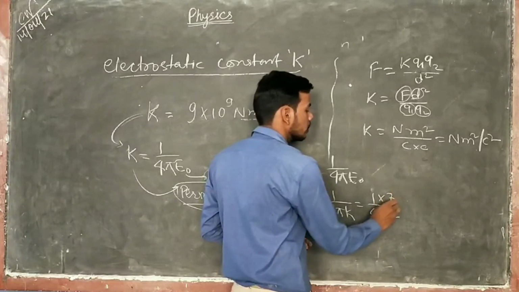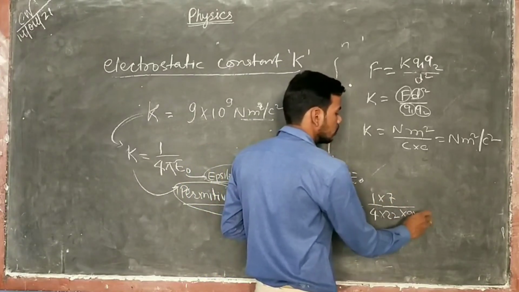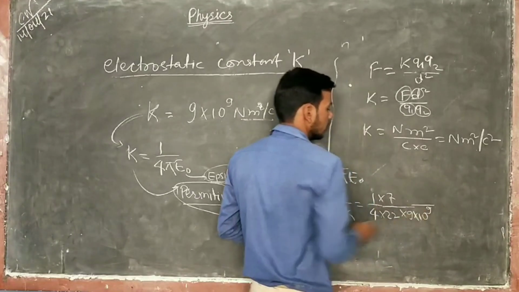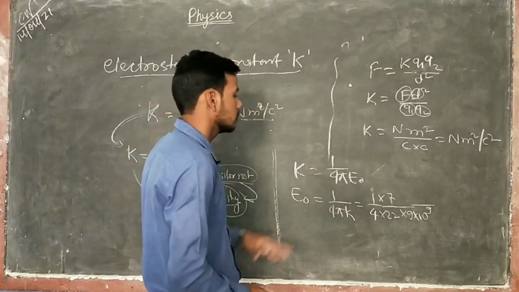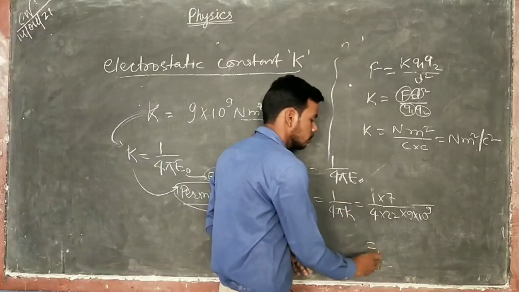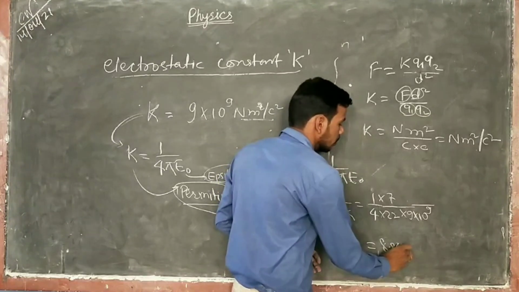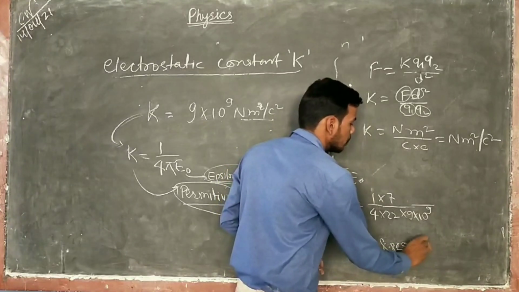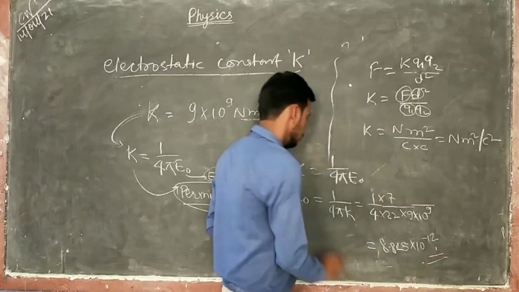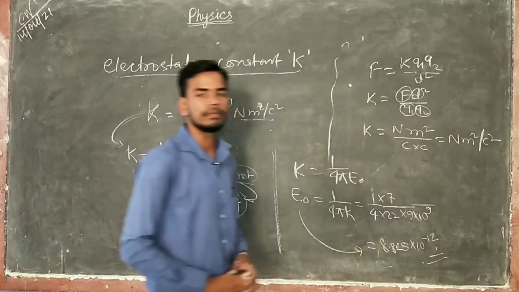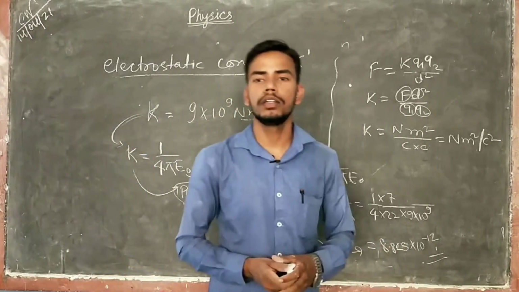The 7 will go in the numerator, and the value of K can be written as 9 into 10 to the power 9. Now if you solve this complete data, you will get about 8.825 into 10 to the power minus 12. Okay guys, so this would be the value of epsilon naught.